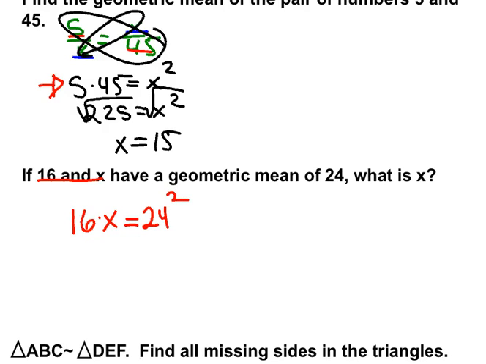The mean is 24. 16 times x equals 24 squared. Now we just want to start solving. So we'll do 24 squared first for the order of operations. That gives us 576 equals 16 times x. Divide both sides by 16. And we get x to be 36. So 16 and 36 have a geometric mean of 24.